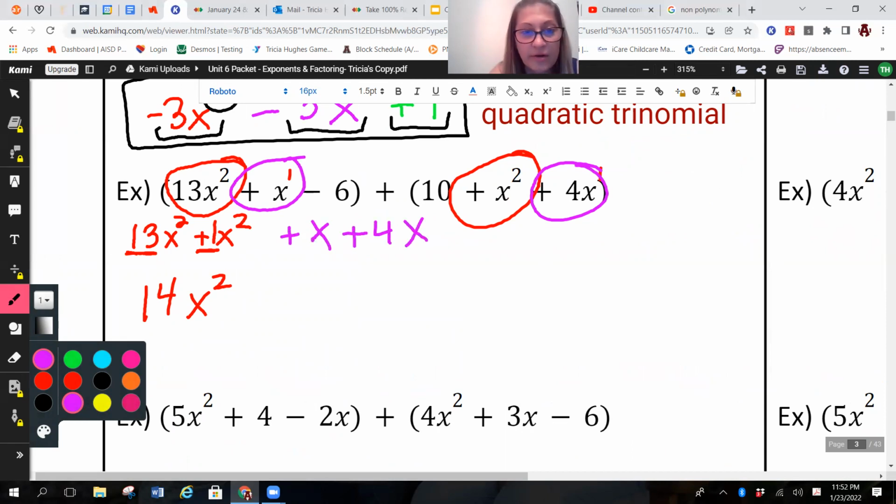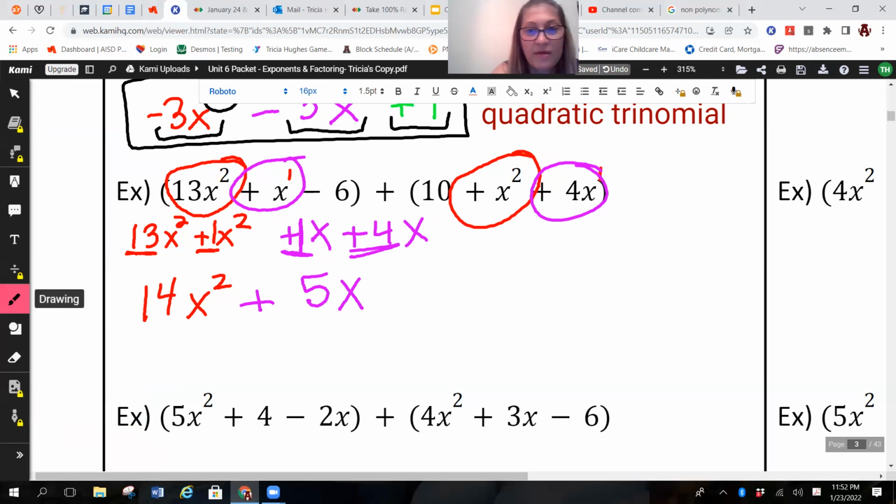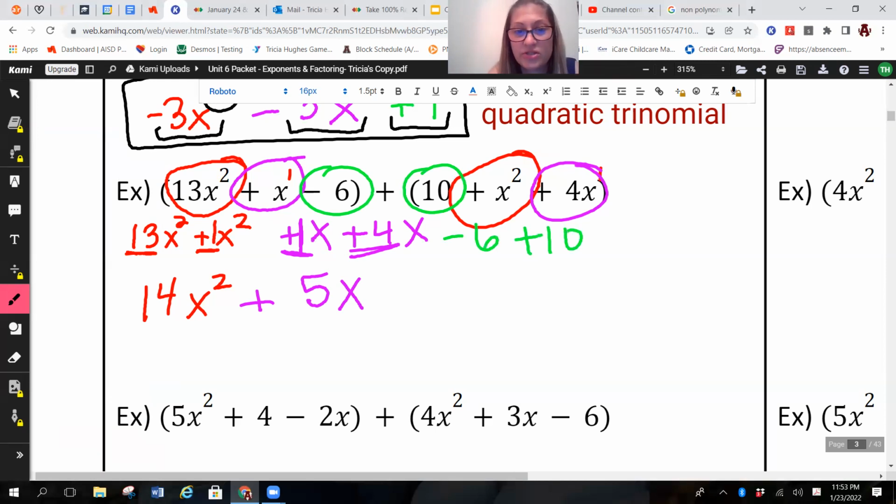So in my calculator, I would say, what is a positive 1 plus a positive 4? Well, we know that's 5, and we put an x back next to it. Finally, what is negative 6 plus 10? You would type that into your calculator, and you would get positive 4.